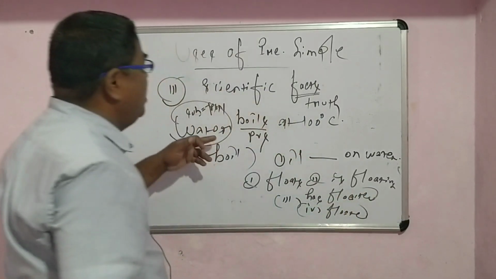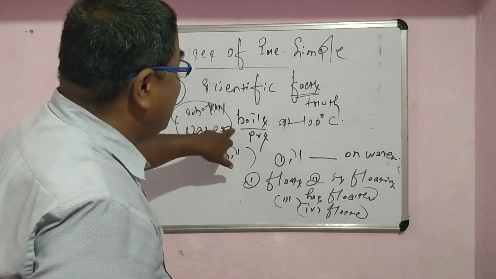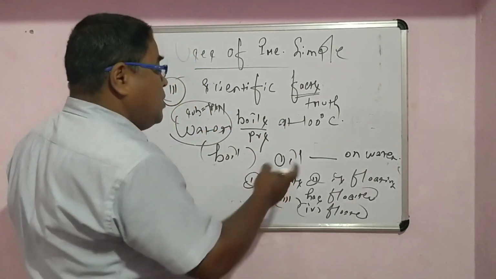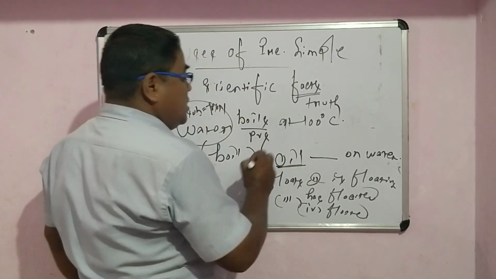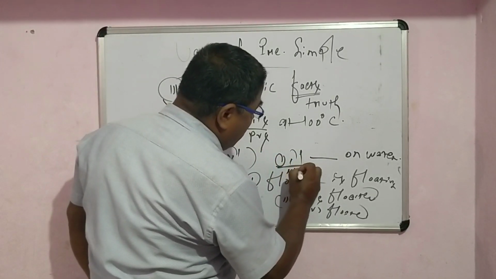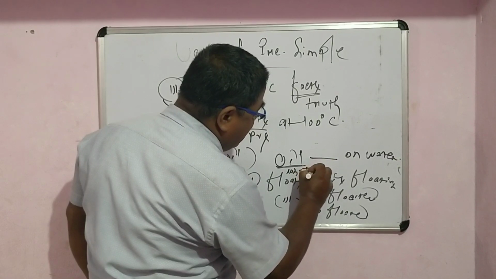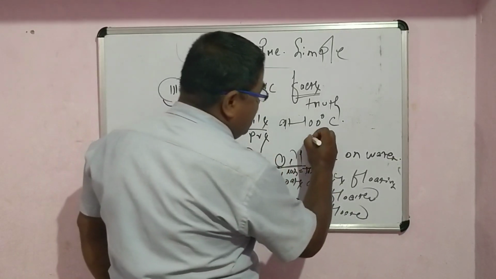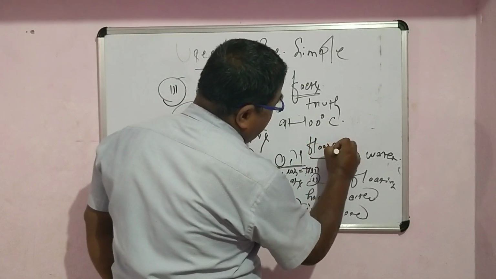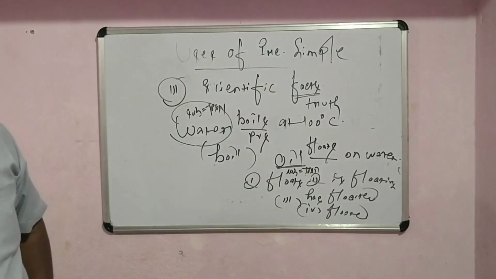As I have already told you, for scientific fact we use the present simple. But before you use the present simple, you first need to know your subject. So oil is the subject, and oil is in the third person singular number. For the third person singular number, S is the obvious choice. So the answer is floats. Present simple.